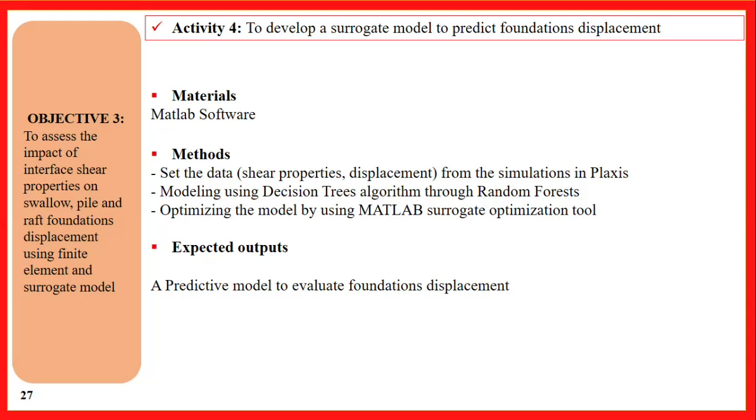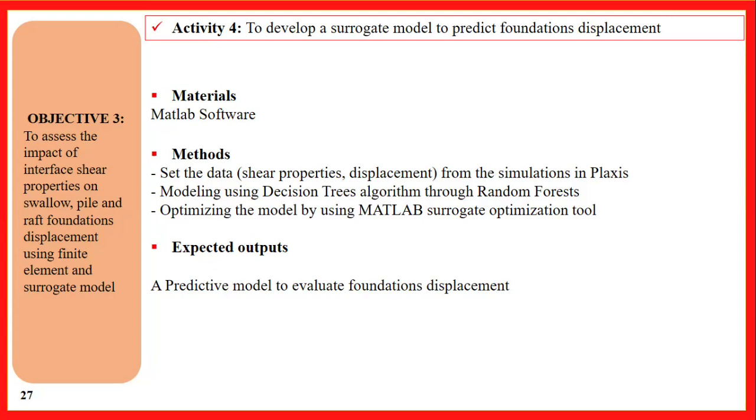The concern I had about objective 3 was that it didn't sound very specific to assess the impact of interface shear. Just say, to determine the influence of interface shear.